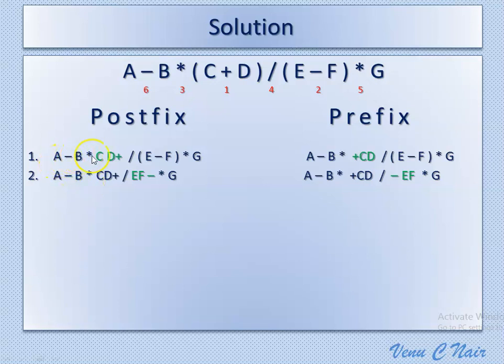So we are changing the expression we got in the first operation into the expression of this form. So when the second step is to be taken, two operations are already done under postfix conversion and prefix conversion.